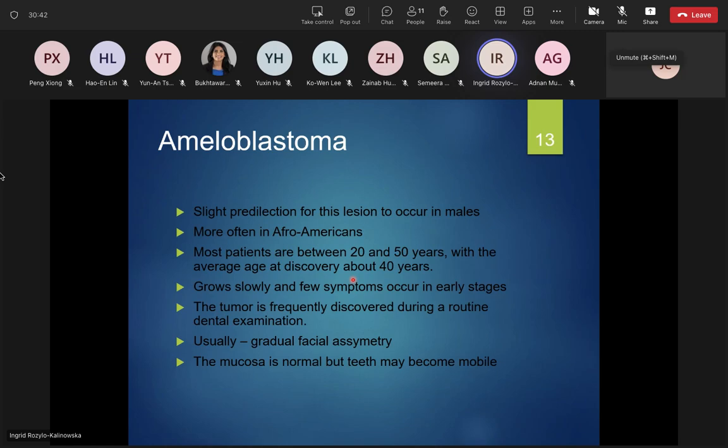So I think that this is the reason why some lesions become more obvious. They are encountered at earlier stages of life.